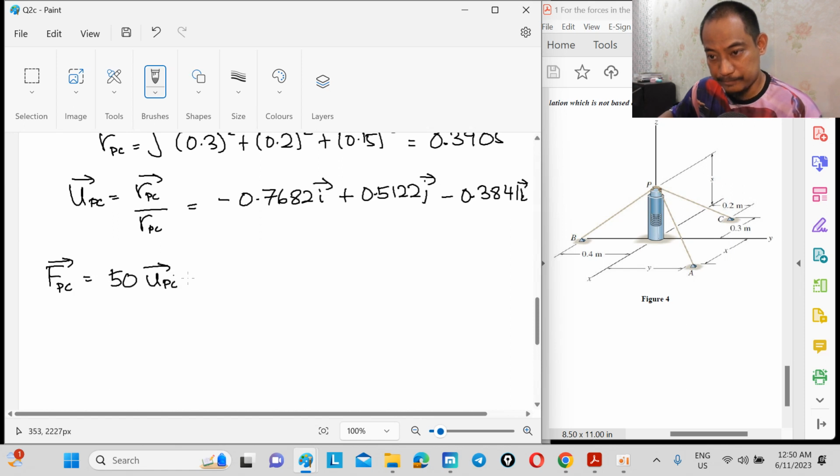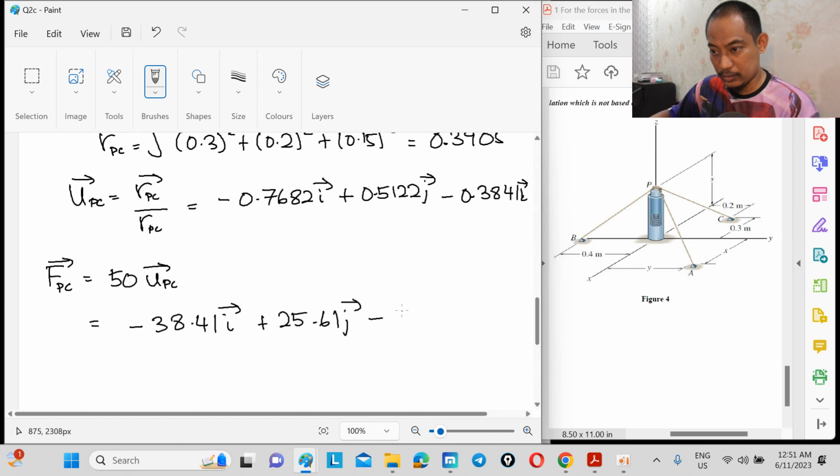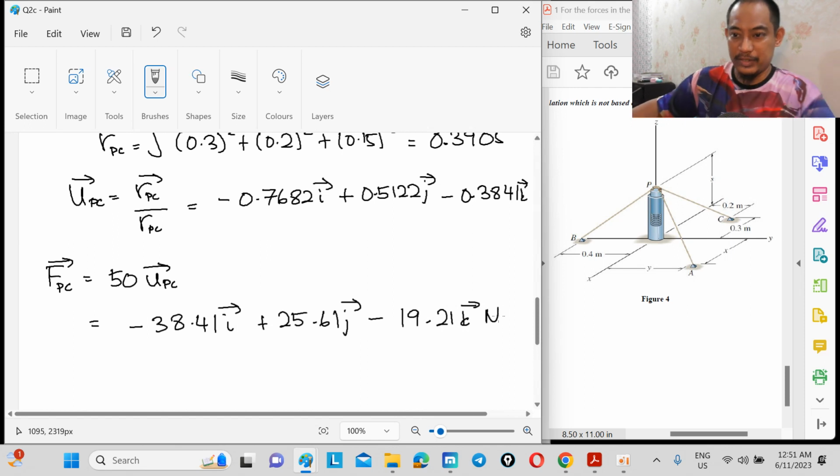Times UPC, which means 50 times 0.7682, so minus 38.41i; 50 times 0.5122, plus 25.61j; and then 50 times 0.3841, minus 19.21k Newton. Alright, so we have 9 minutes remaining, so what can we do?